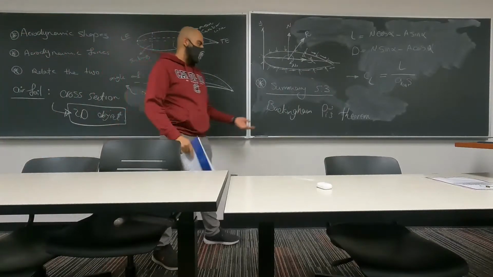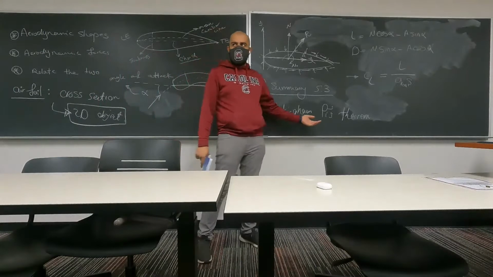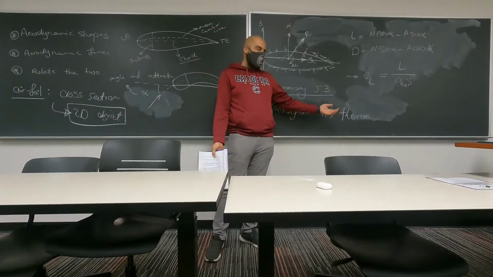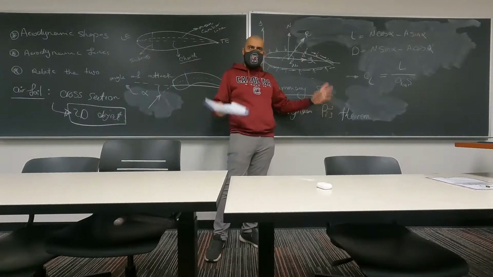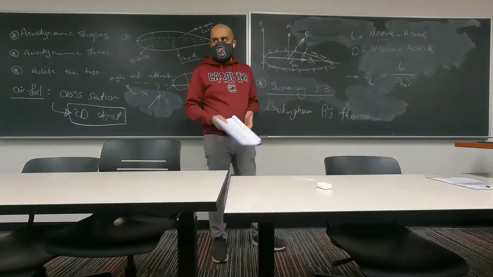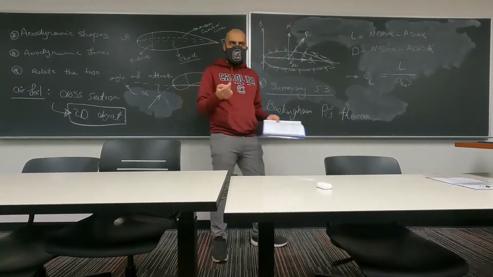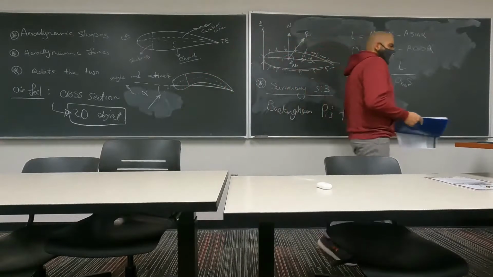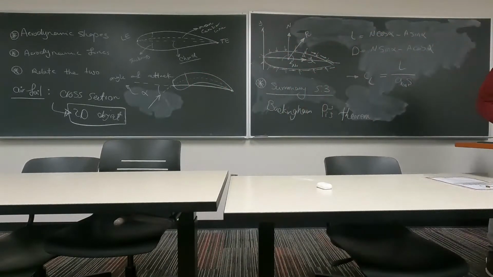There was this guy, Buckingham, who came up with a method to calculate dimensionless parameters and called those dimensionless parameters pi's. Pi as in the Greek letter pi, right? Not an apple pie. Are there any questions so far?